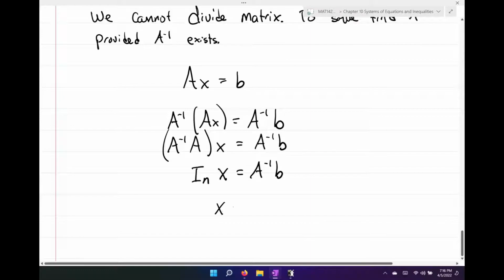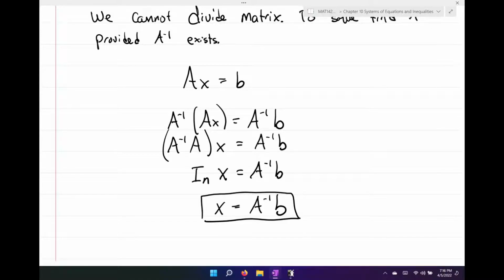In this case, it'll be X. So by left multiplying both sides of this equation by A inverse and then finding the identity, if you've done everything correctly, you're going to get a final equation of X equals the inverse of A multiplied by B. And that is as hard as it gets.